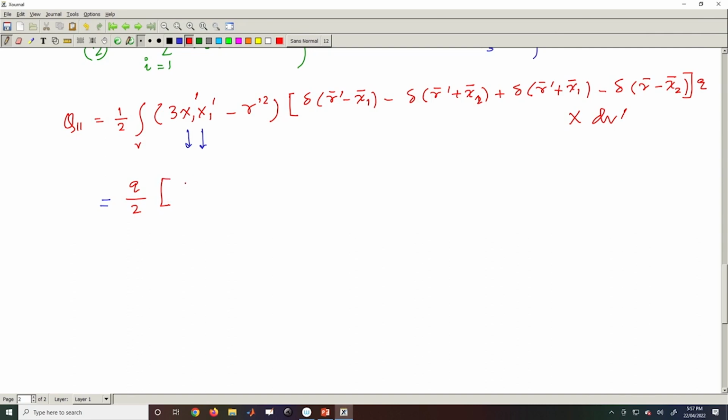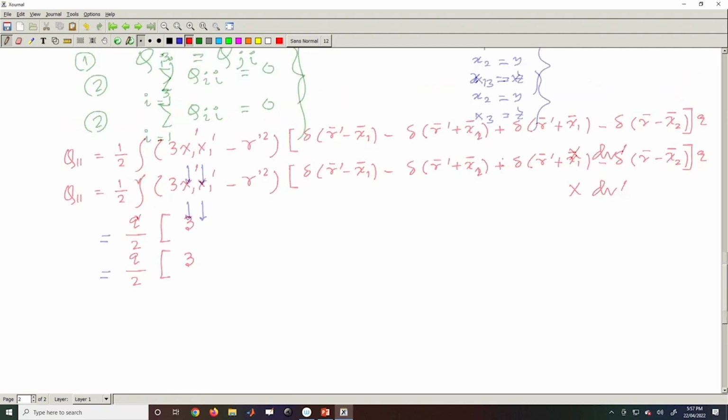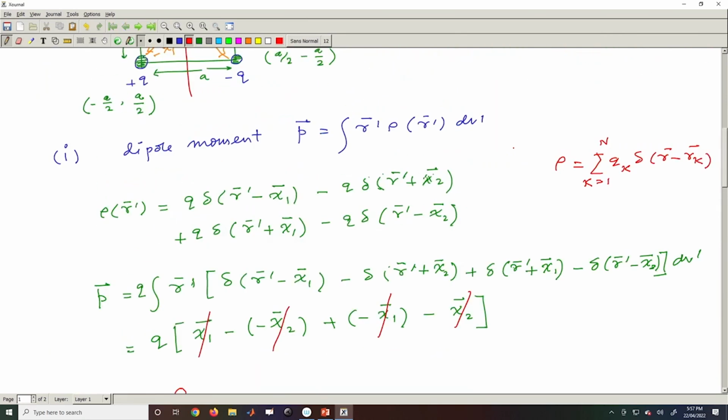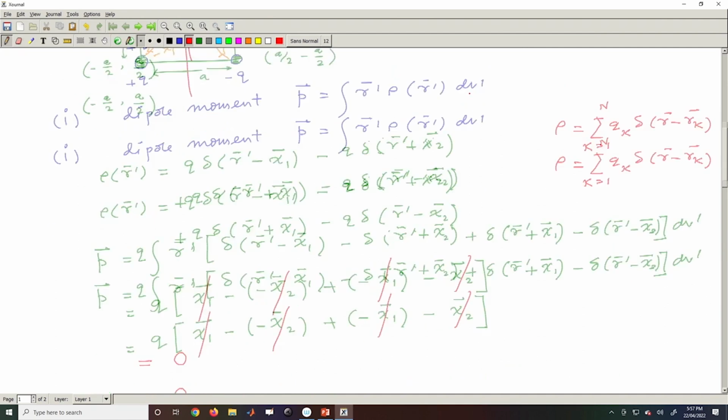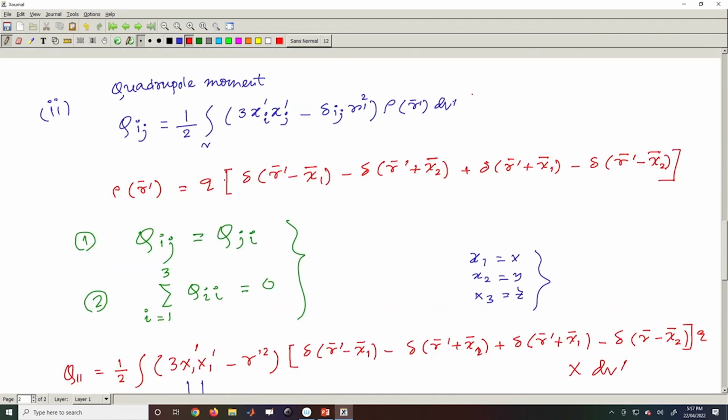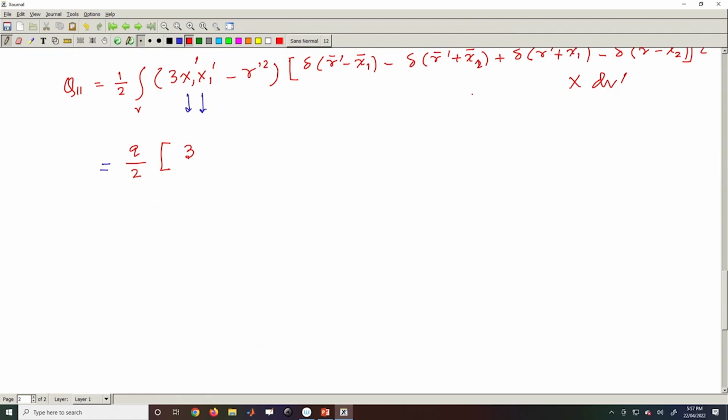So, the first case I write 3, and for this case this is chi 1. What is chi 1? It has x and y components, both having a by 2. Better I write it here, it will be helpful.